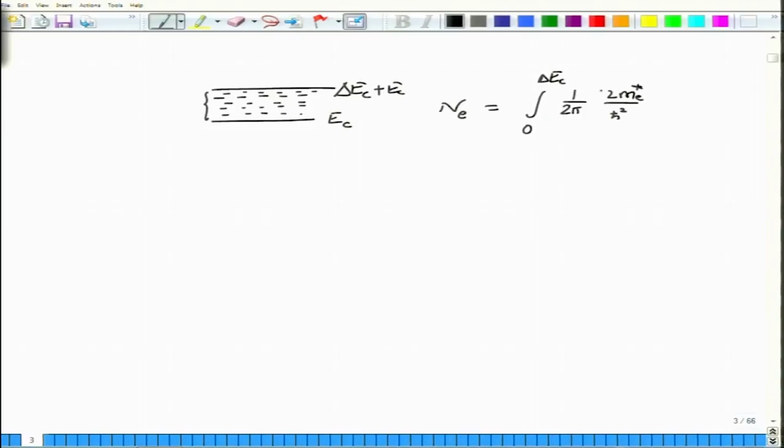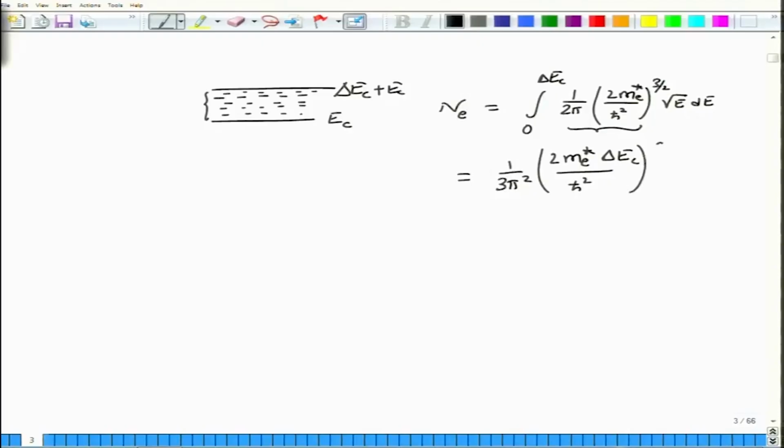You have h bar square to the power 3 by 2, square root of E dE. All of this is constant, I will give you the values later on, but integrating square root of E dE will give you E to the power 3 by 2 divided by something. So effectively what you get is 1 by 3 pi square, 2 m e star delta EC divided by h bar square, to the power 3 by 2.